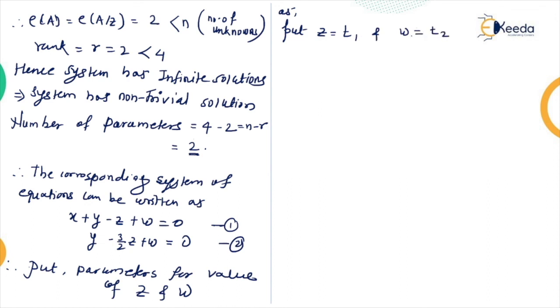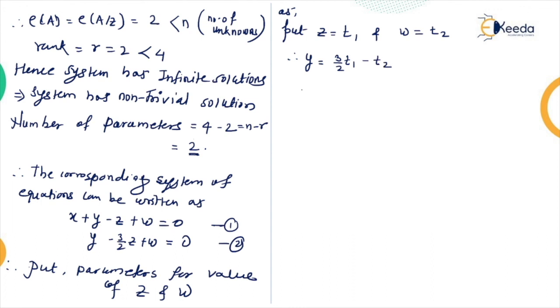Therefore the value of y is 3 by 2 into t1 minus t2.